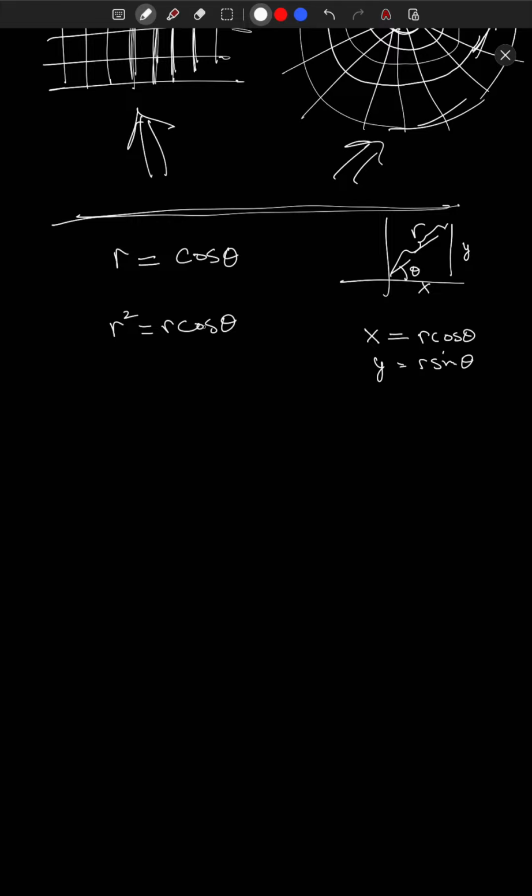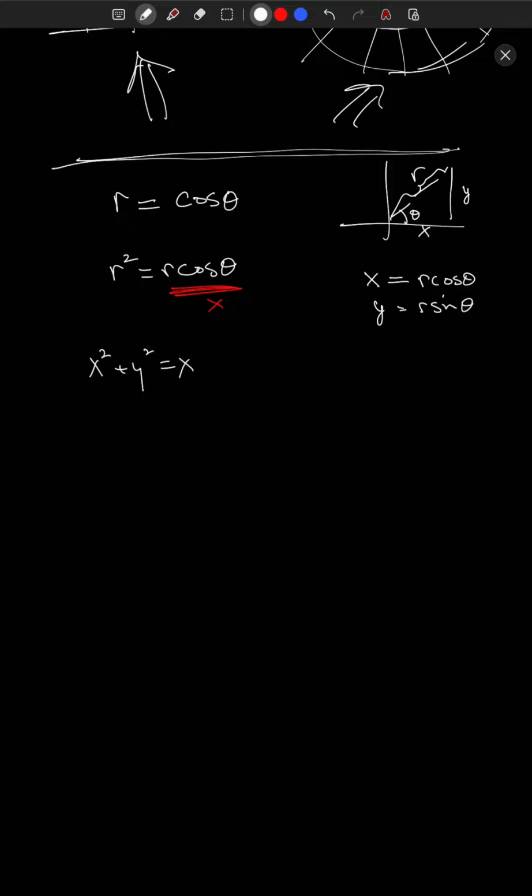And so what I did by multiplying r on both sides was I, in a way, created the x right there. And so this is just x on the right-hand side. r squared on the left-hand side is really nice as well because it's just x squared plus y squared, since it's the hypotenuse there. So x squared plus y squared is equal to x. All right.